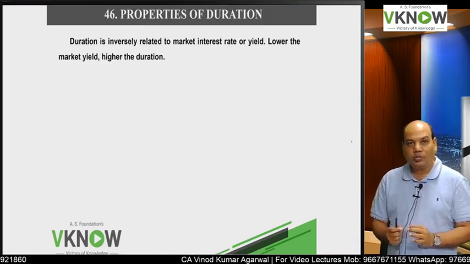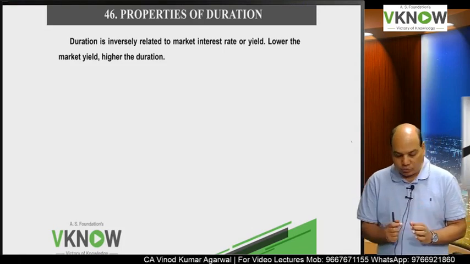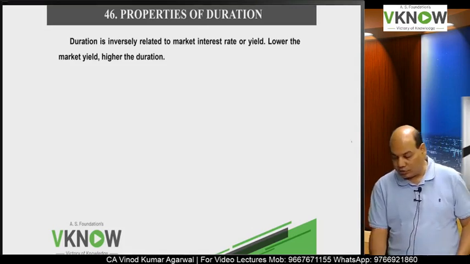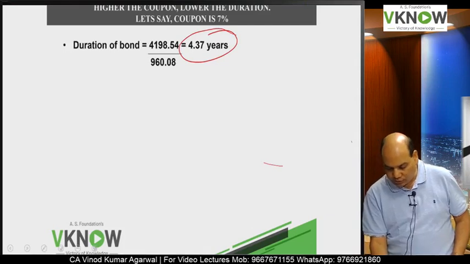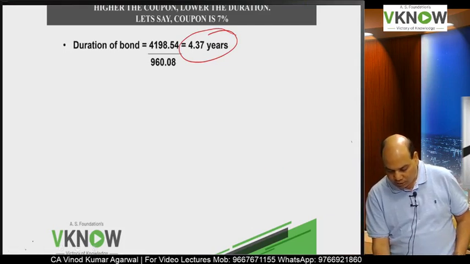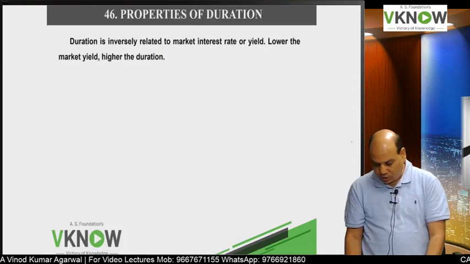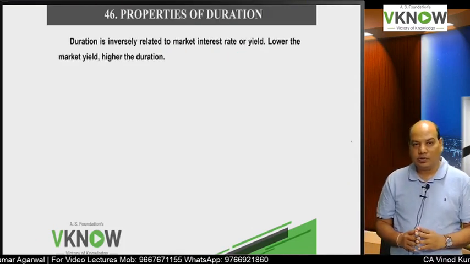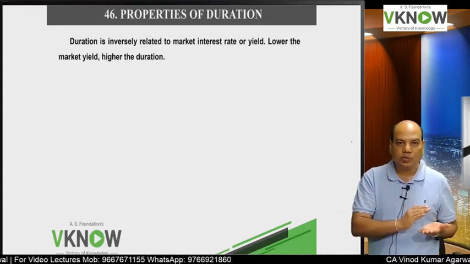Next is question number 46, which is a property of duration. Duration is inversely related to market interest rate or yield. What does that mean? If YTM is higher, duration will be lower.